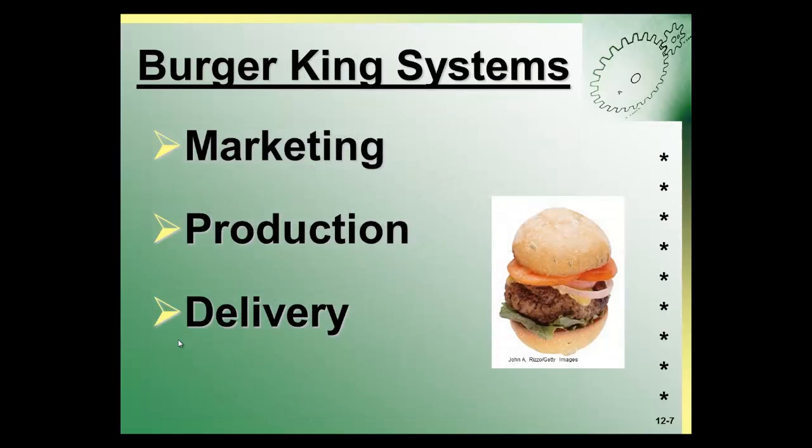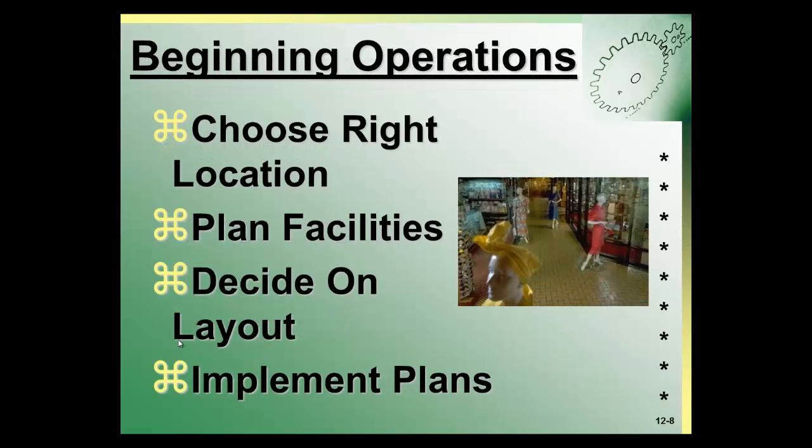Now, technically, in a Burger King restaurant, there are actually three processes going on at the same time. The marketing system involves the order taking and payment for the Whopper. The production system results in the preparation of the hamburger and the packaging, and the delivery system results in the completed order being given to the customer.